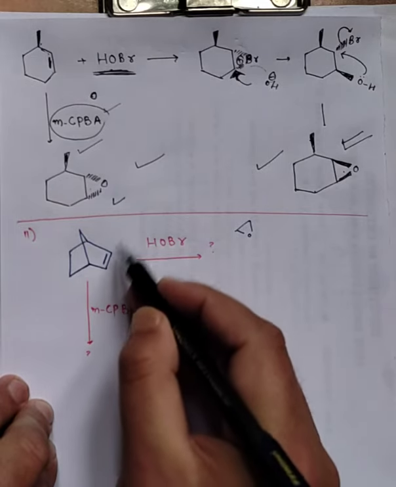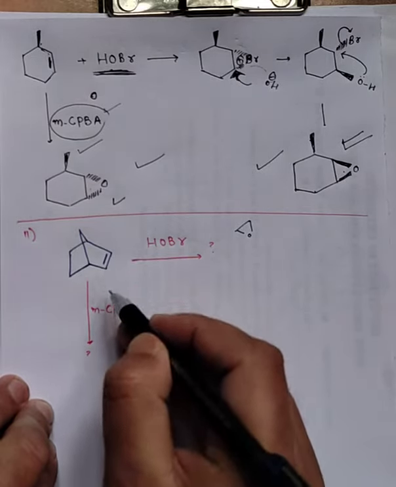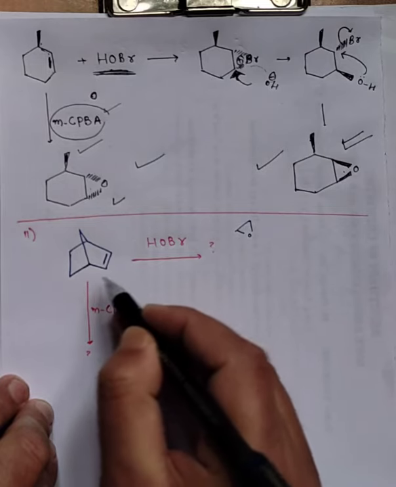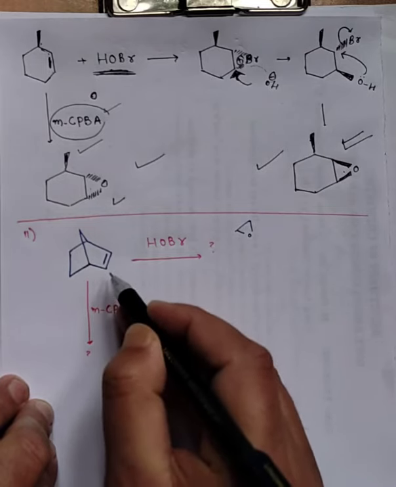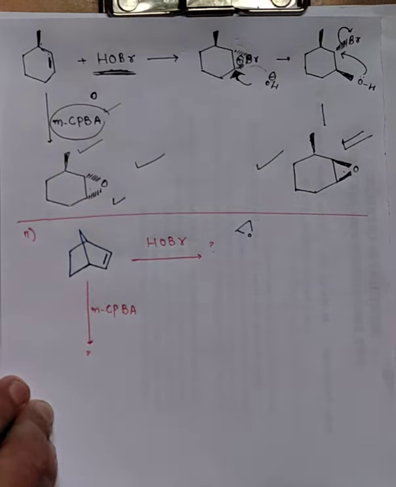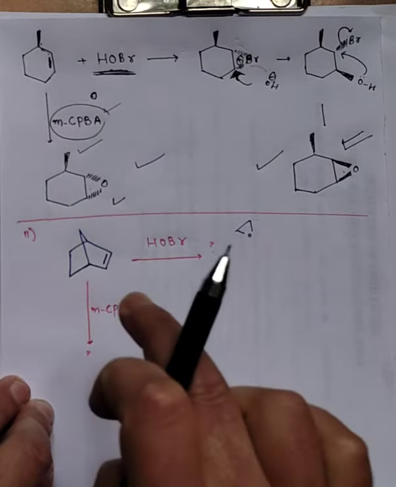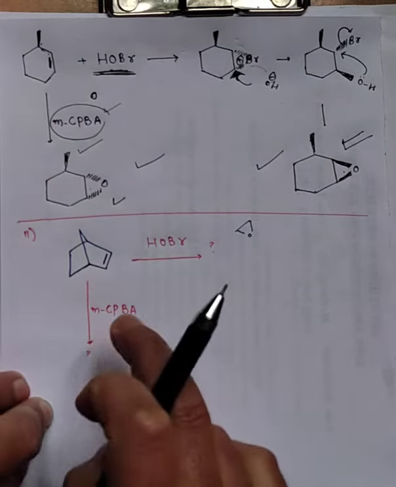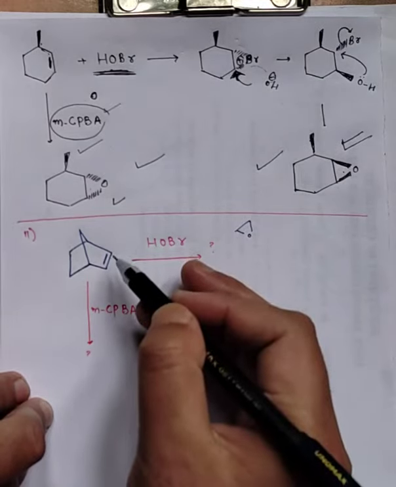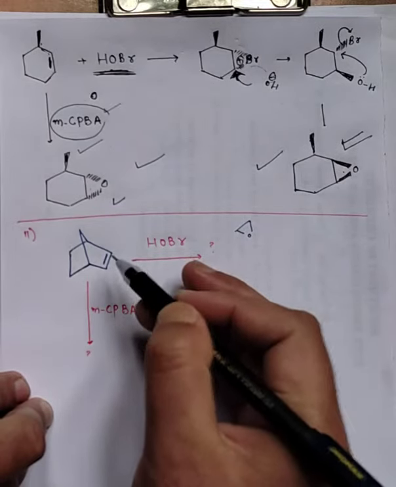If it is formed towards this side, it's called the exo product. If it is formed towards this side, it's called the endo product. Endos are usually less stable. So if you talk about metachlorobenzoic acid, you will get the product where the epoxide is towards this side. That's called exo.